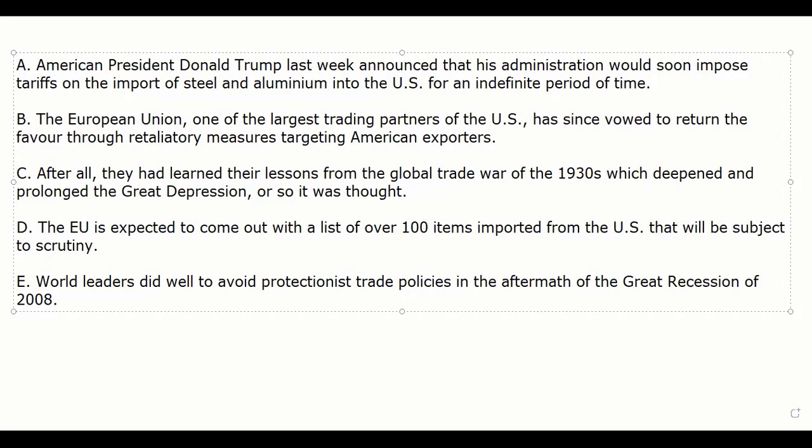Sir, the American President Donald Trump one is also an option, right? Wait, let me see what the sentence was. Yes, all ABCD are 5 different sentences. You have to combine all in a logical order. Yes, you are right.